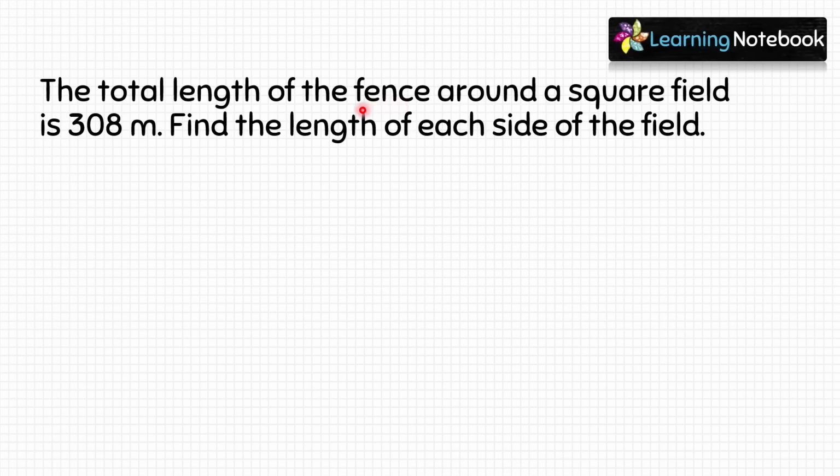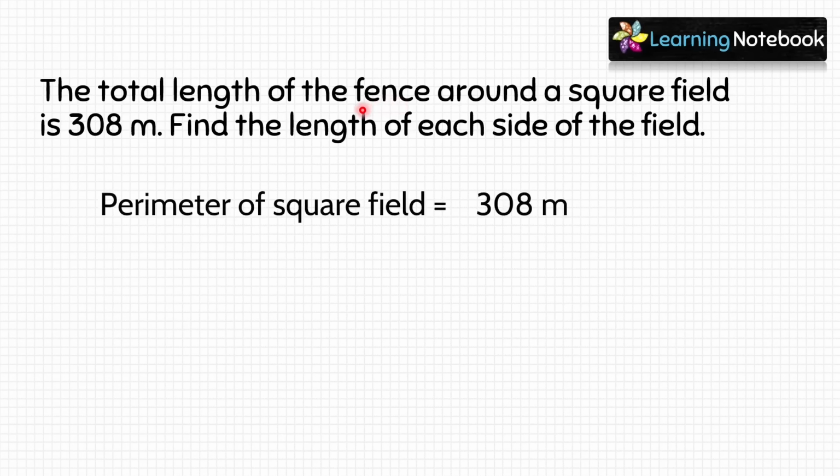And this field is a square field. So let's write perimeter of the square field equals 308 meters. And what do we have to find here? We have to find length of each side of this square field. So what is the formula to calculate perimeter of a square?